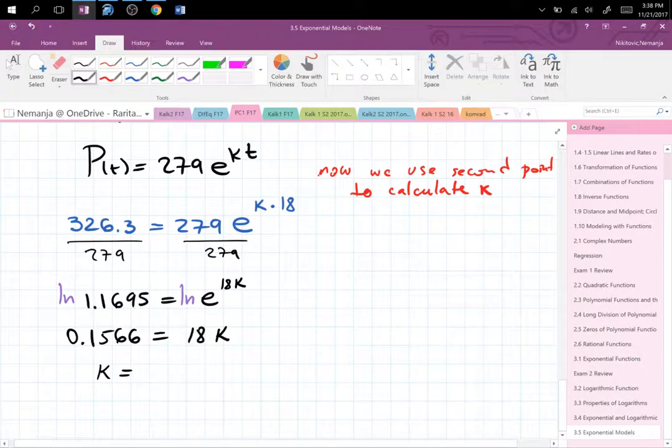k is equal to the number divided by 18, 0.00... Guys, these zeros don't count as significant. You can have 15 zeros here. It still doesn't count towards the decimals you keep. Now you keep 4 decimals.